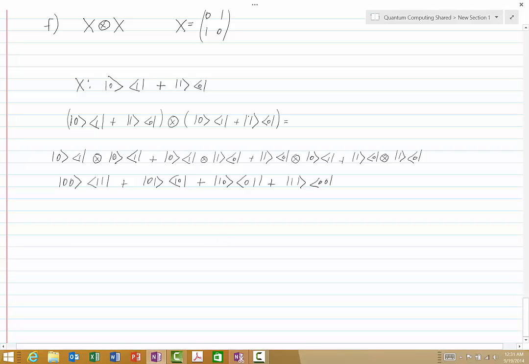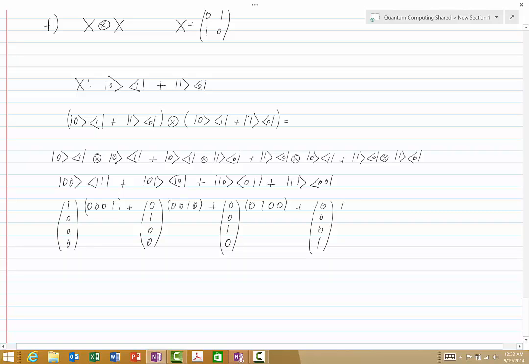And so we get 1, 0, 0, 0 here, and then 0, 0, 0, 1 for that, 0, 1, 0, 0 here, and 0, 0, 1, 0 there. 0, 0, 1, 0 there, and 0, 1, 0, 0 here, and finally 0, 0, 0, 1 and 1, 0, 0, 0.